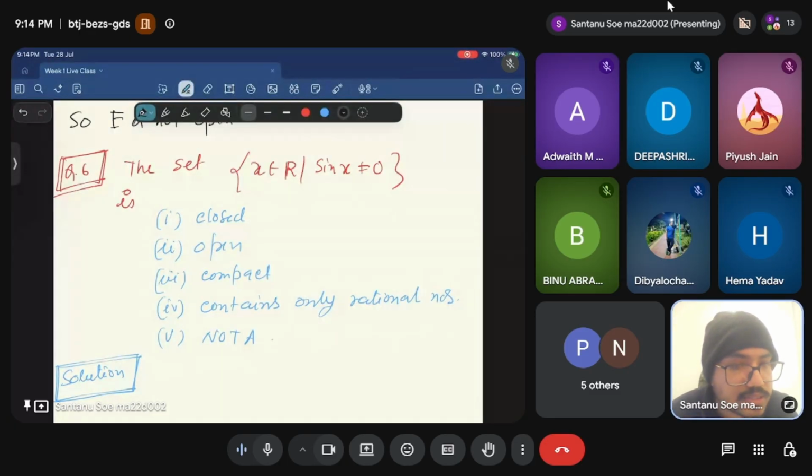Anyone? Any guess? Comments, suggestions? So there are two approaches to solve this question, and I think I'm going to show both of them.